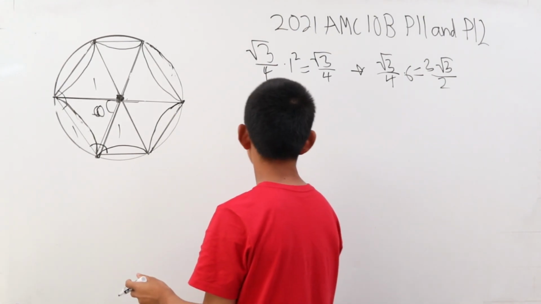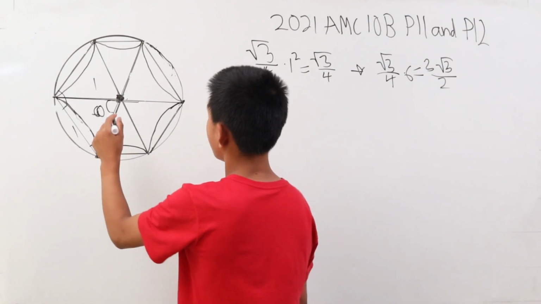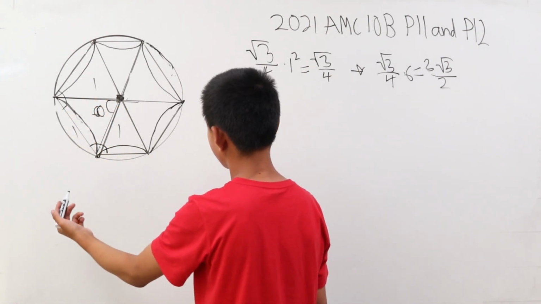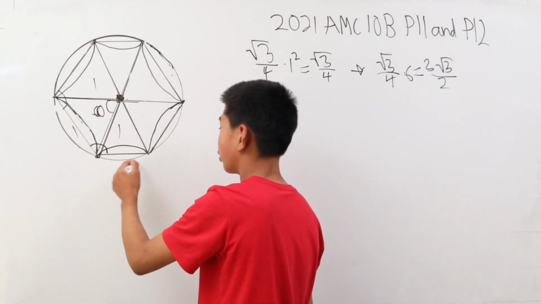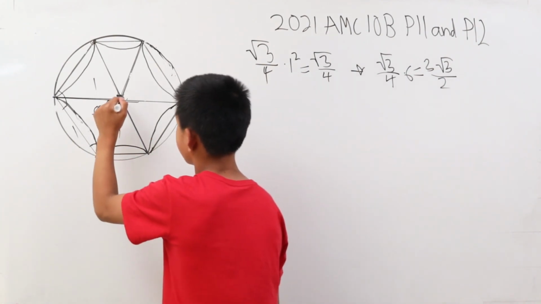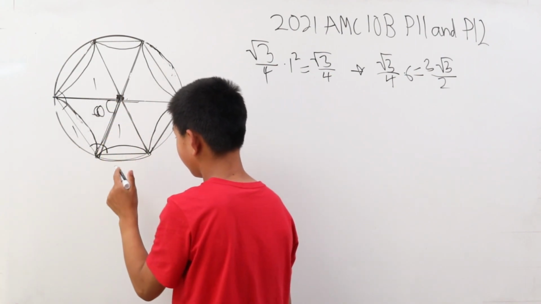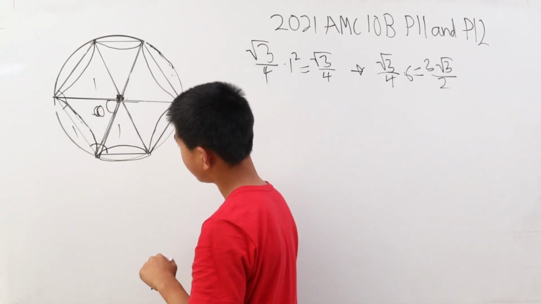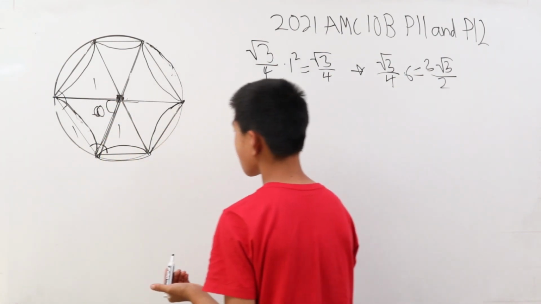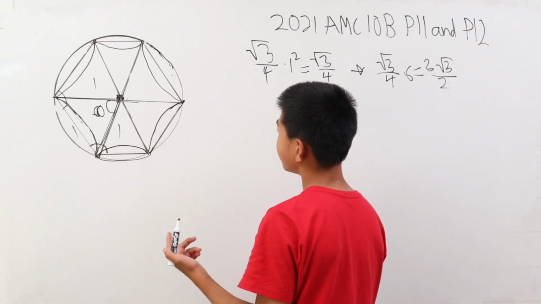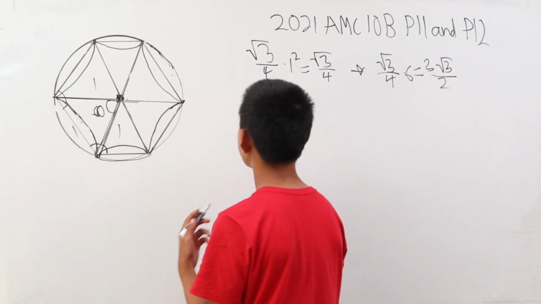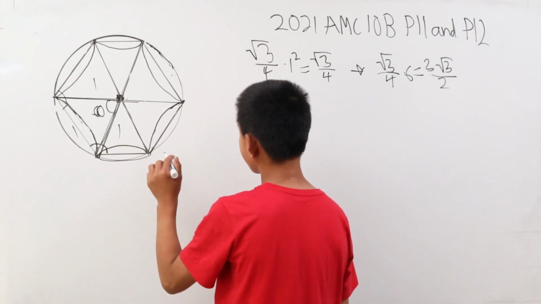We have the area of one of these triangles. We want to find the area of one of these quote-unquote pies, like one of these sections, and then we can subtract the area of the triangle to get the area of the arc. We already know what we need for this area.